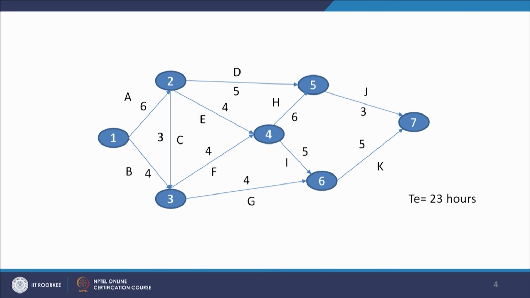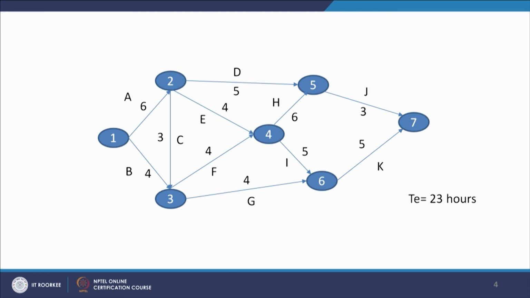Similarly 1, 2, 4, 5 and 7: 6 plus 4 is 10 plus 6 is 16 plus 3 is 19. 1, 2, 4, 6 and 7: 6 plus 4 is 10 plus 5 is 15 plus 5 is 20. 1, 3, 4, 5 and 7: 6 plus 3 is 9 plus 4 is 13 plus 6 is 19 plus 3 is 22.